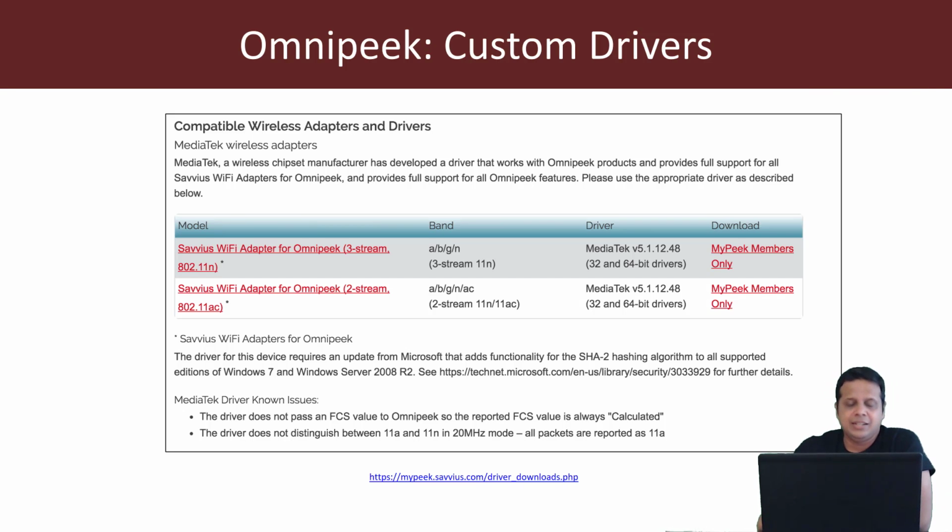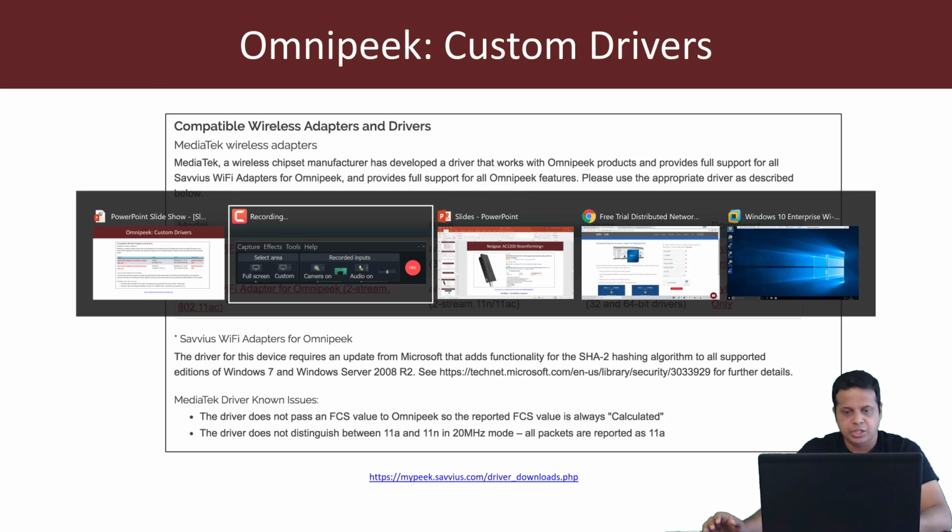Now, the key thing to remember is that Savvius uses this adapter along with drivers they've created along with MediaTek so that we can go ahead and basically sniff and monitor packets on 11AC.